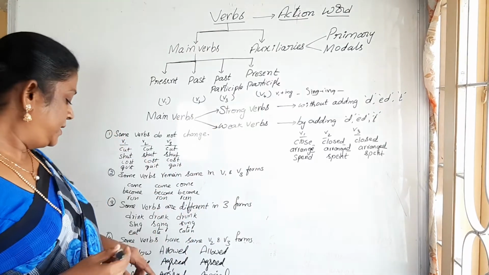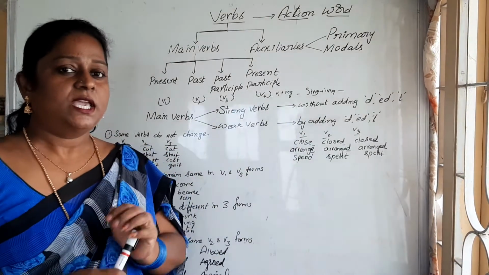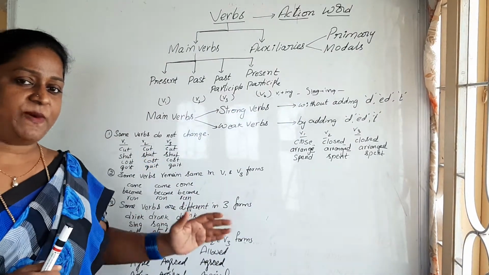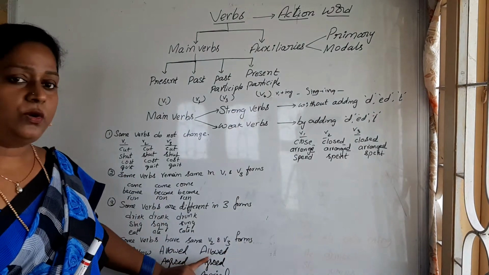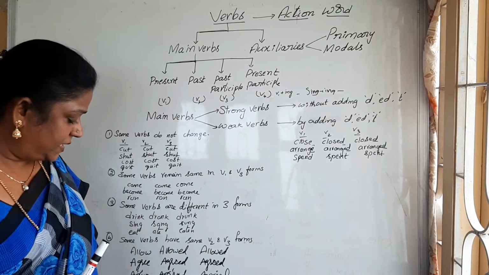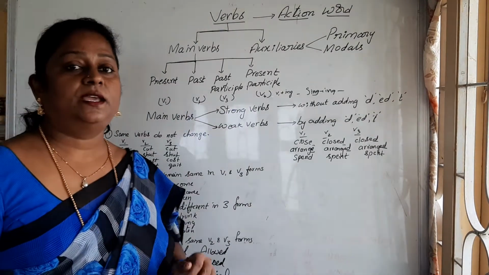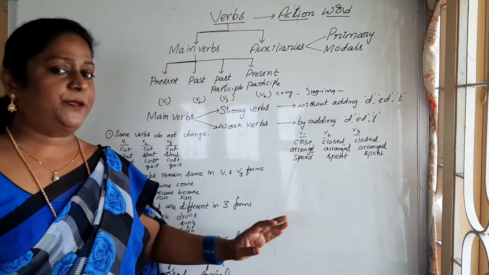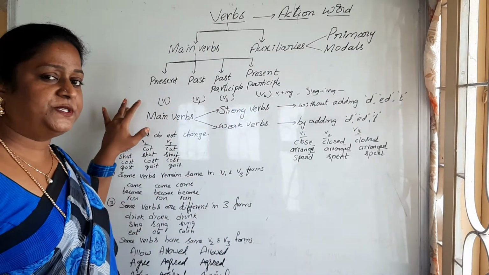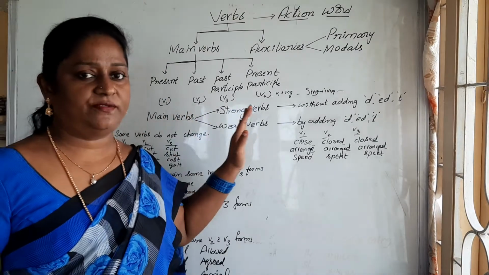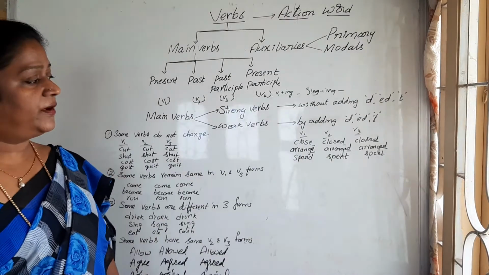And another one, some verbs have same V2 and V3 forms. V2 and V3 forms means past and past participle. Allow, allowed, allowed. Arrive, arrived, arrived. Care, cared, cared. So in this way, the V1 form of the verbs changes into V2 and V3 based on these four different types, right?